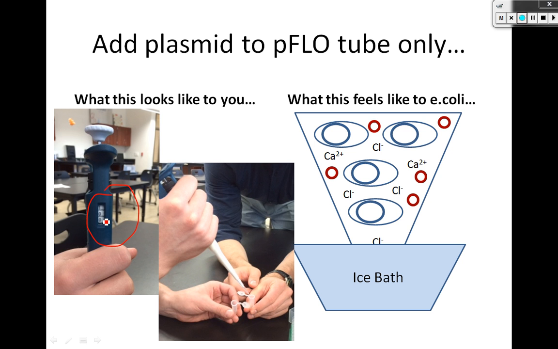So you may need a little refresher, and you're going to take 10 microliters of the plasmid and add it to your pFLO tube. So that's what's going on here. And we keep the whole thing on ice.